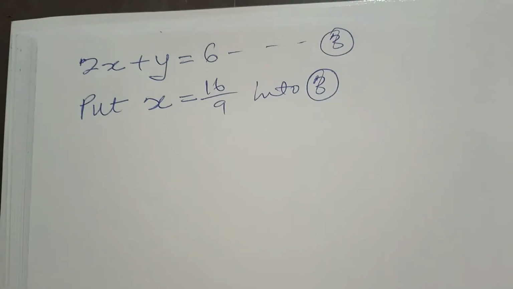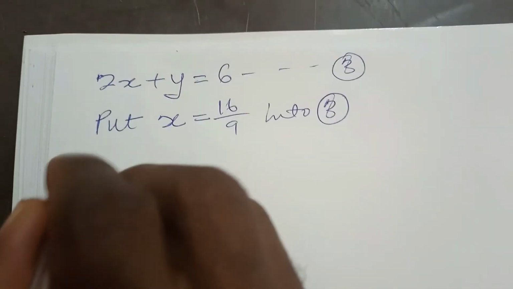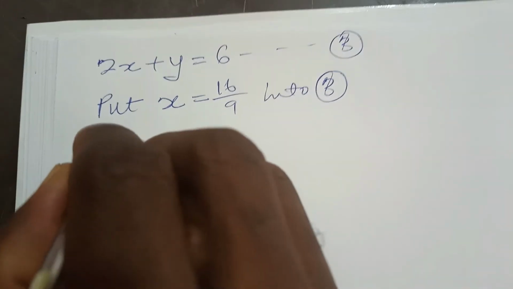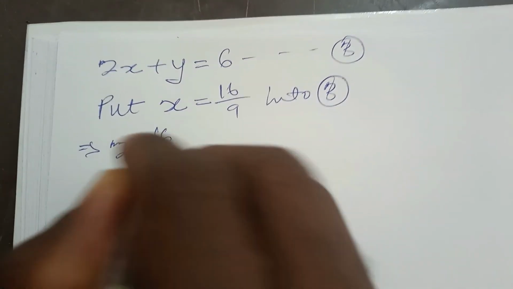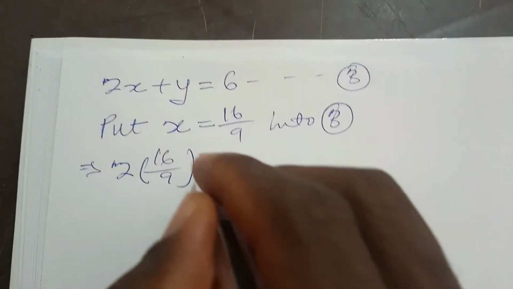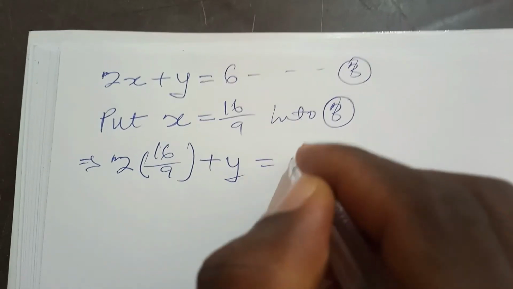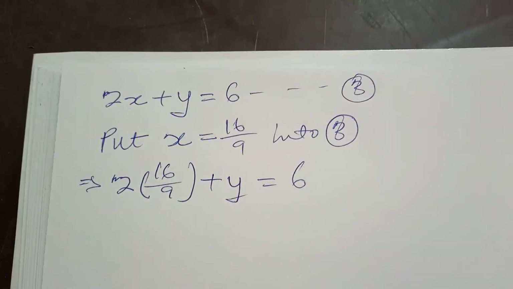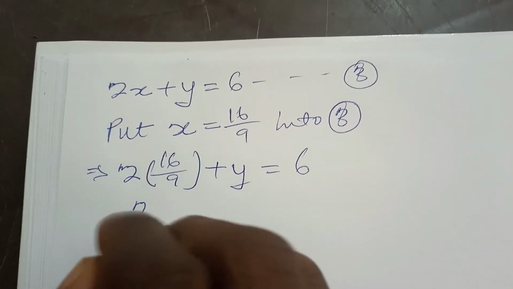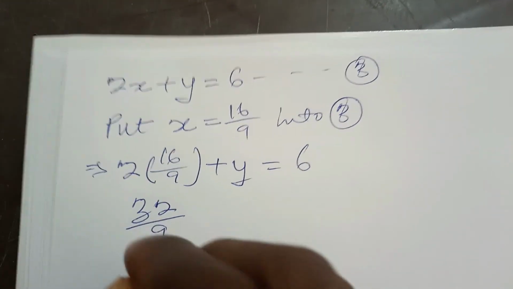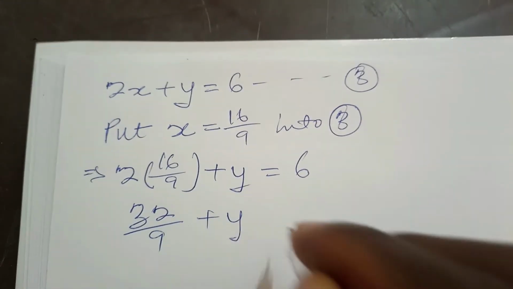So that means whenever we see x in equation 3, we put 16 over 9. So equation 3 now becomes 2 into bracket 16 over 9 in place of x, plus y equals 6. This will give us 32 over 9 plus y equals 6.